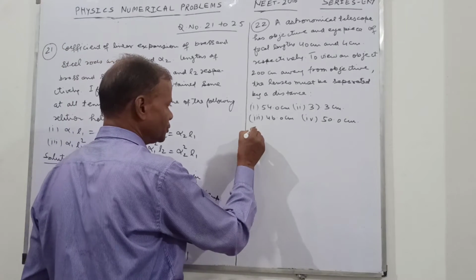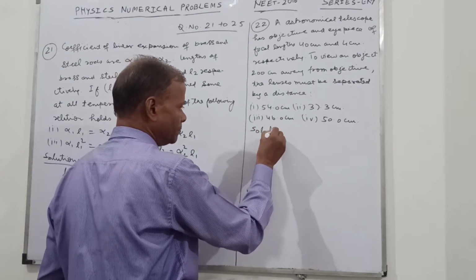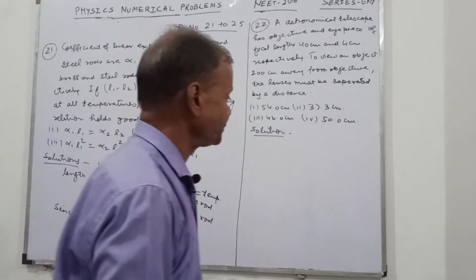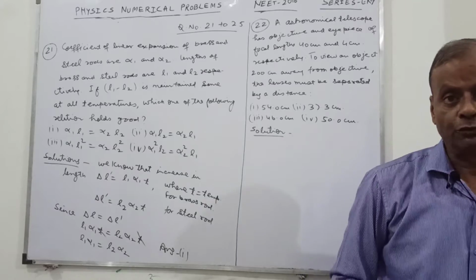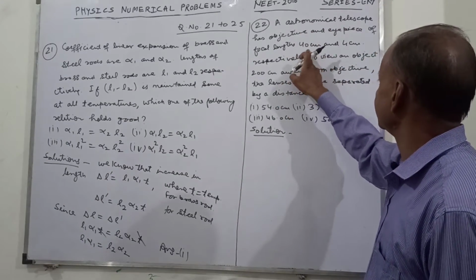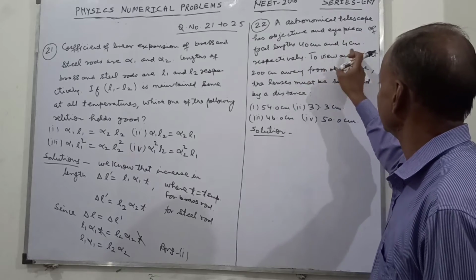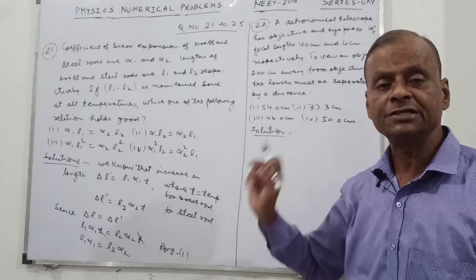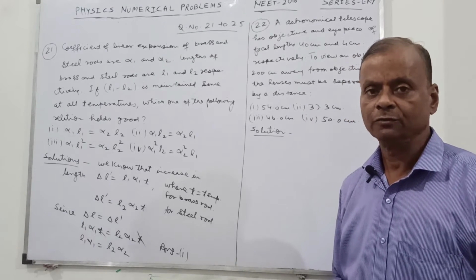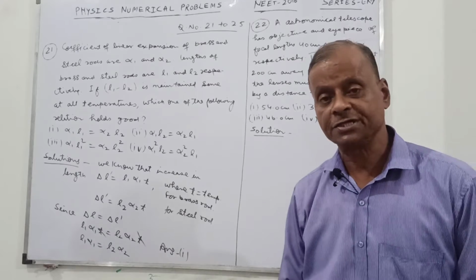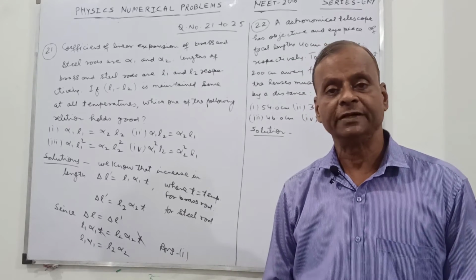Now the solution to this question. Here you are given an objective of focal length 40 centimeter and an eyepiece of focal length 4 centimeter. We have to view an object which is 200 centimeter away from the objective, and find what the distance between the objective and the eyepiece should be.